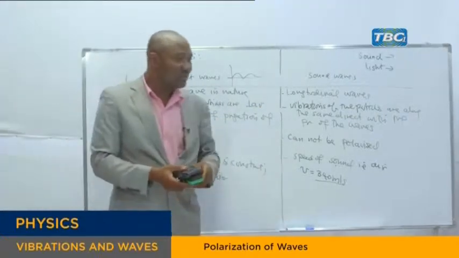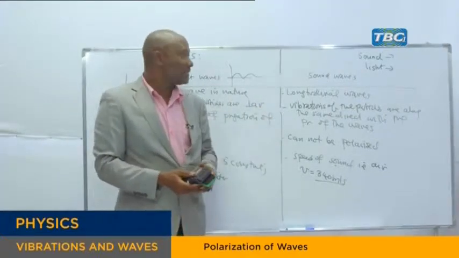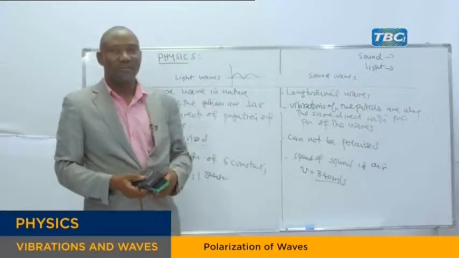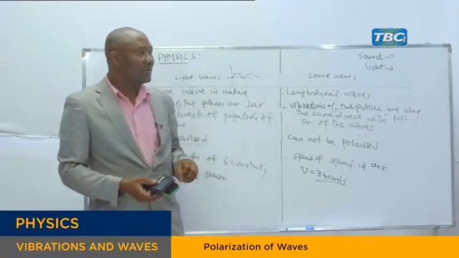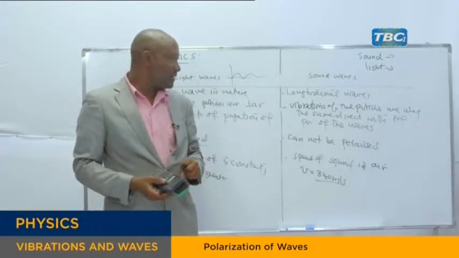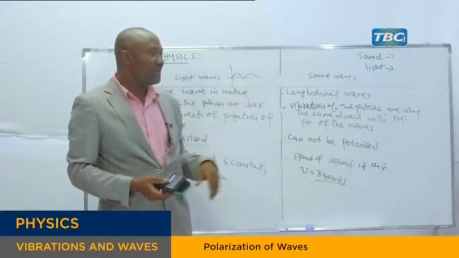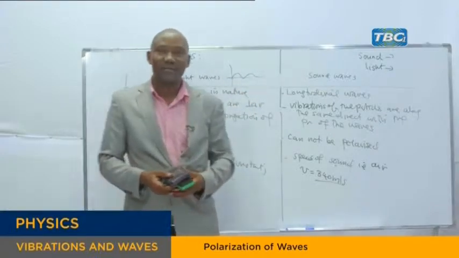I think you have enjoyed our programs, and it was a very nice program because we have been talking about concepts that apply to our life. If you remember, this part of polarization is applied in our life.